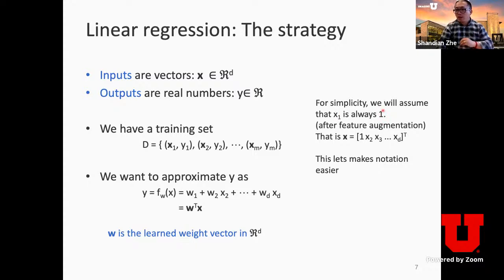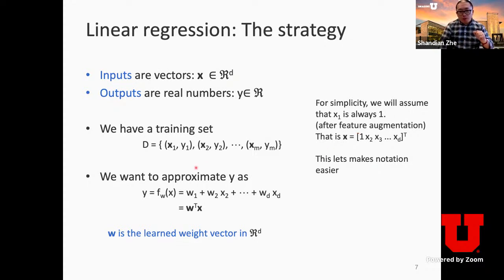Just like the notation simplification trick in linear classifiers, we assume x1 is always 1. Then the actual features are x2 to xd. So we actually have d minus 1 features, but we augment the features with a constant feature 1 in the front. So we have our final d-dimensional input vector.